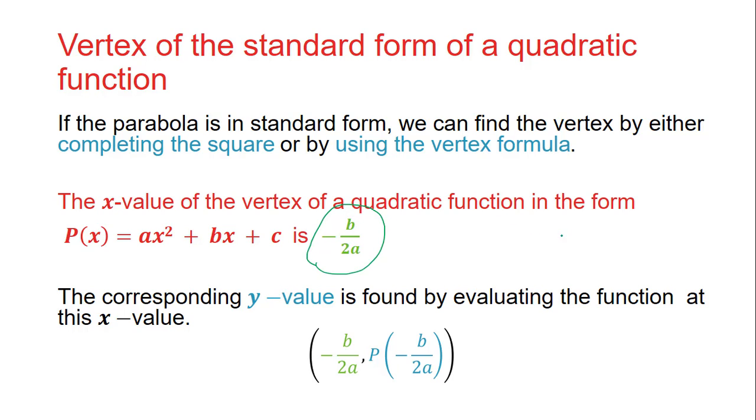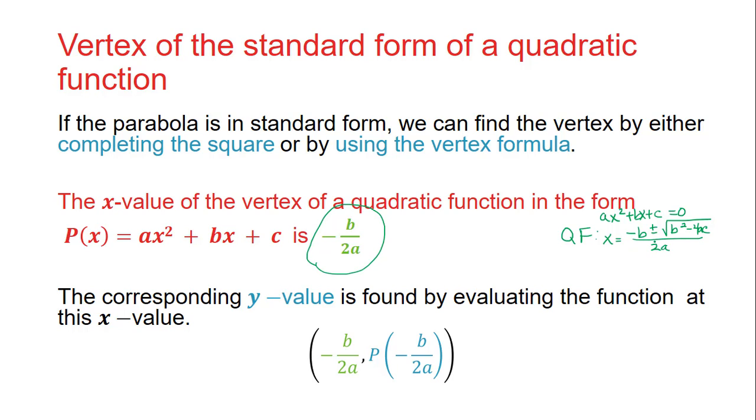Do you remember the quadratic formula? If ax squared plus bx plus c is equal to 0, then we found that the quadratic formula stated that the solutions were the opposite of b plus or minus the square root of b squared minus 4ac, all divided by 2a.